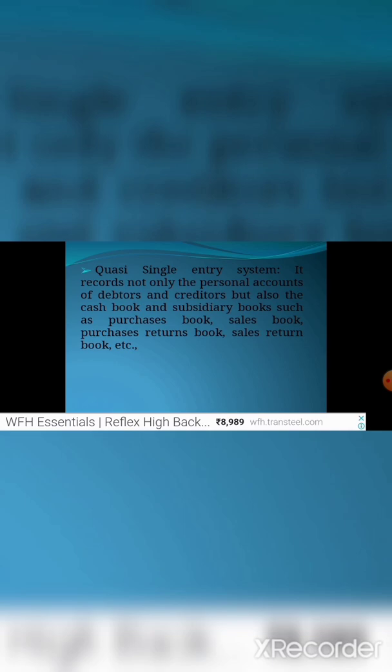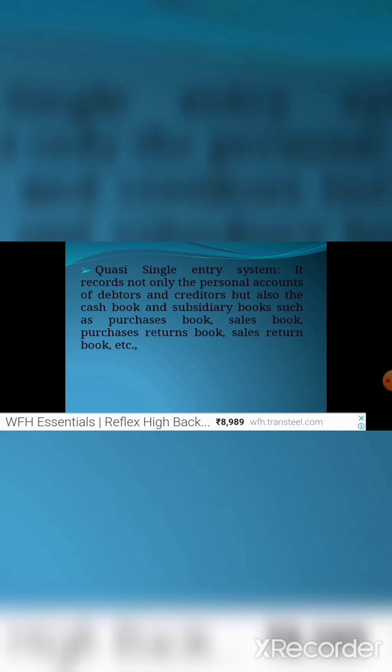Next is quasi single entry system. It records not only the personal accounts of debtors or creditors but also the cash book or subsidiary books. In future we will have the cash book and subsidiary books such as purchase book, sales book, purchase returns book, sales return book, etc. These are different topics.